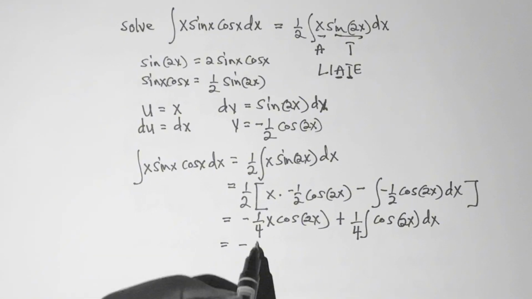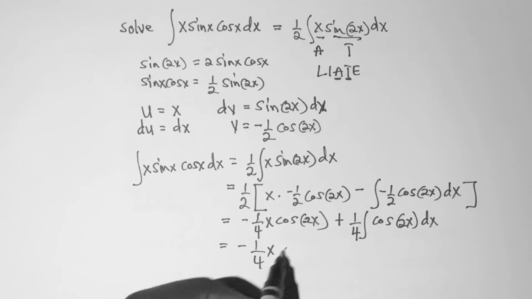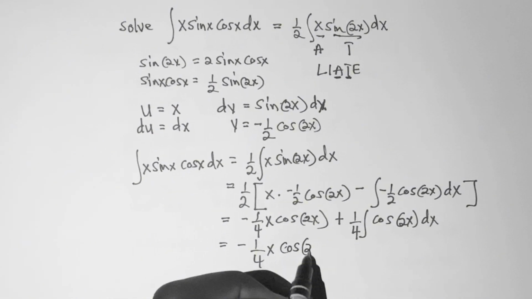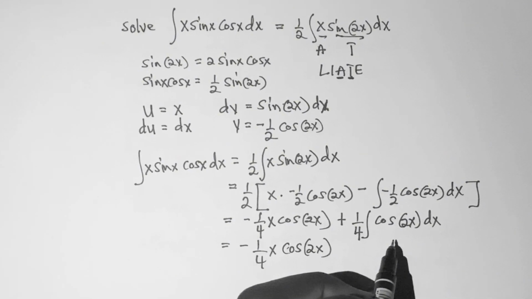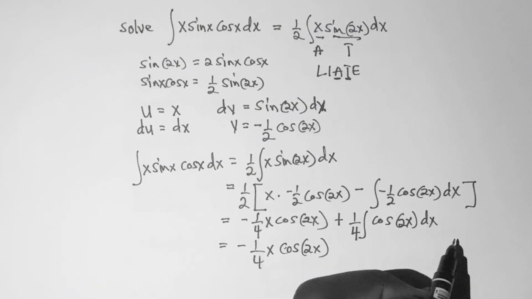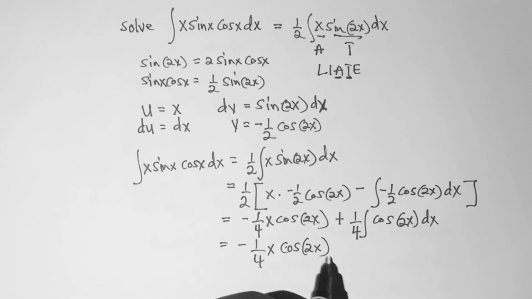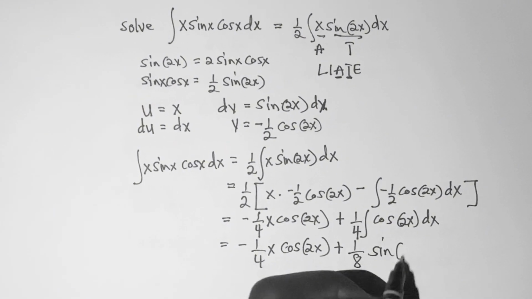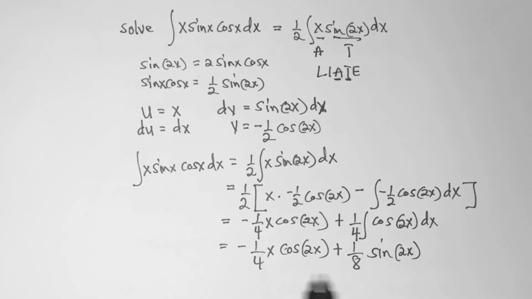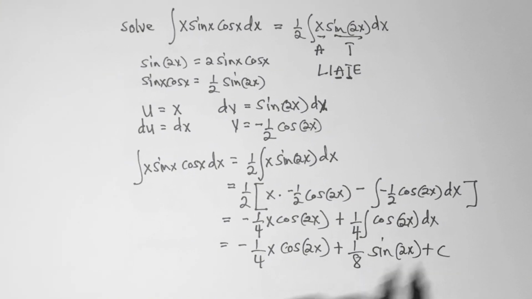So this is equal to minus 1 over 4 x cos 2x. Then if you integrate cos 2x, you get 1 over 2 sine 2x. 1 over 2 times 1 over 4 is 1 over 8 sine 2x, and plus the constant of integration c.